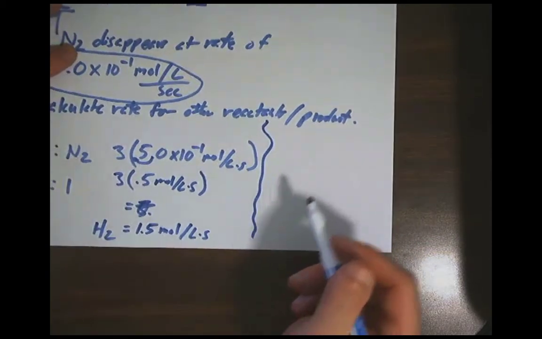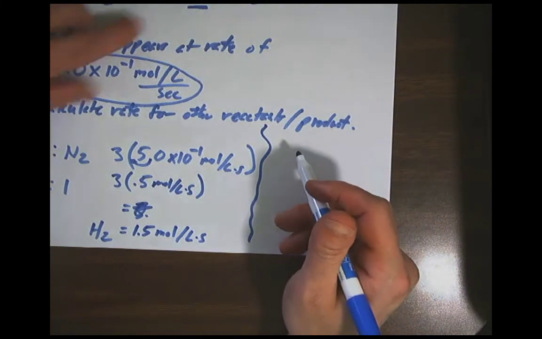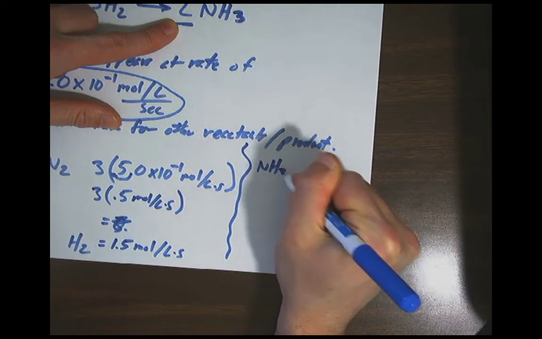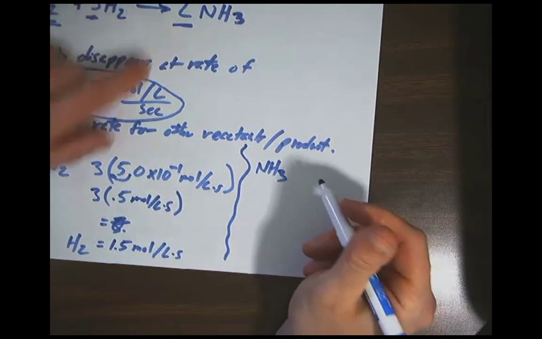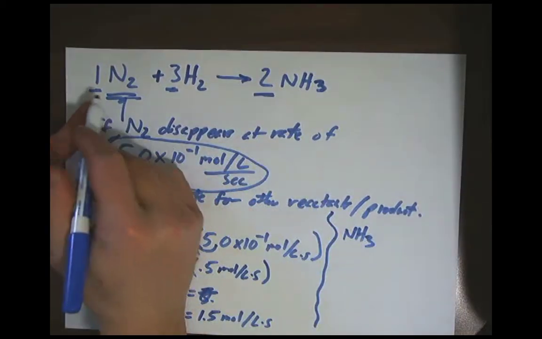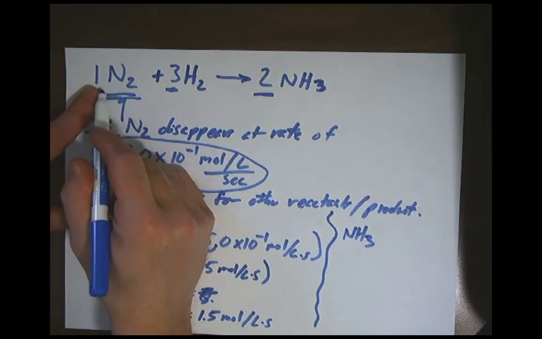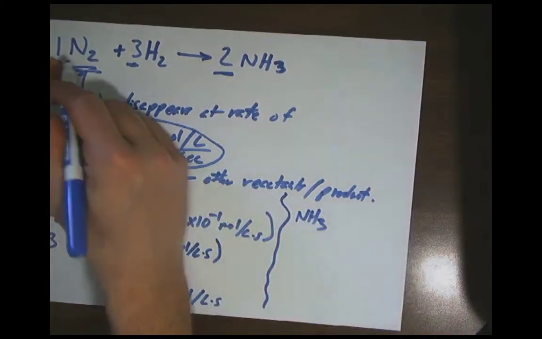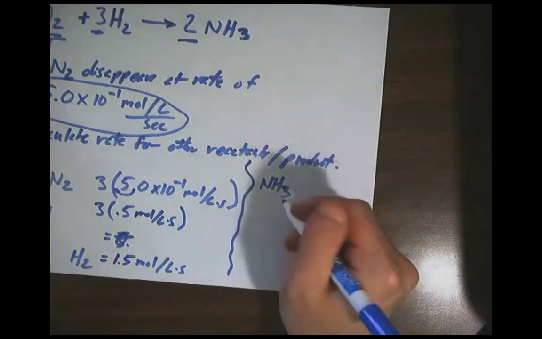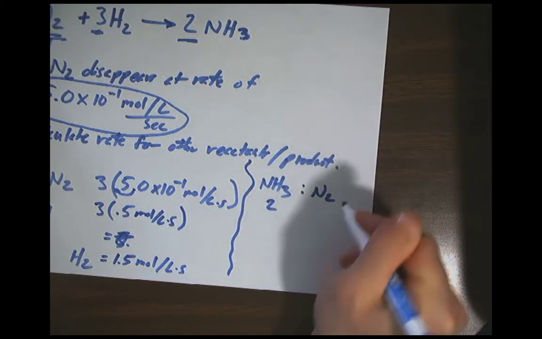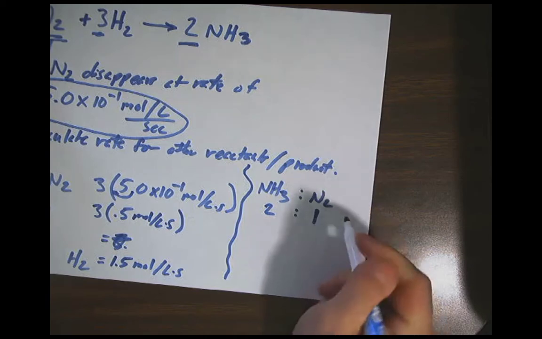Okay, and what about how quickly NH3 appears? Well, if we look back to our ratio, again, we know the rate for N2, that's 1, so it's going to be a 1 to 2 ratio. In other words, NH3 is a 2 to N2, 2 to 1, right?